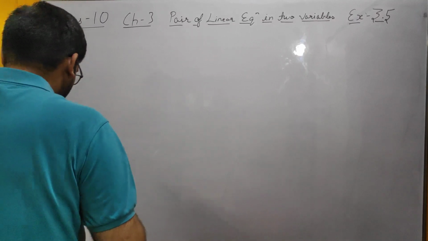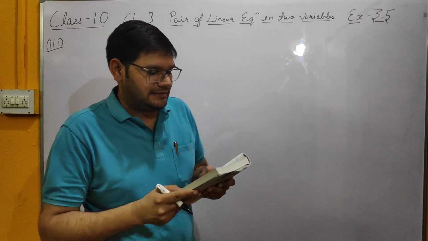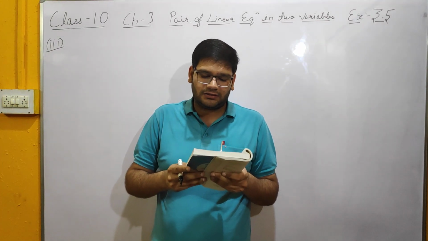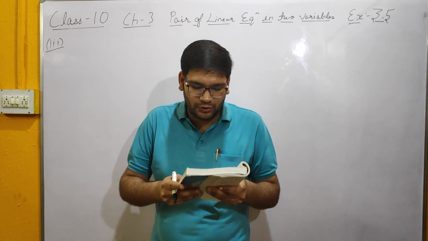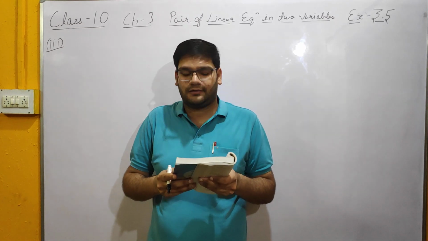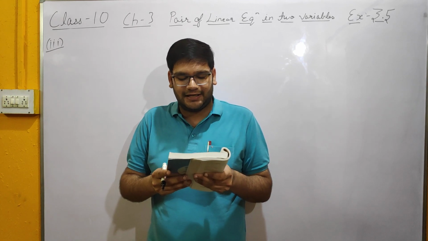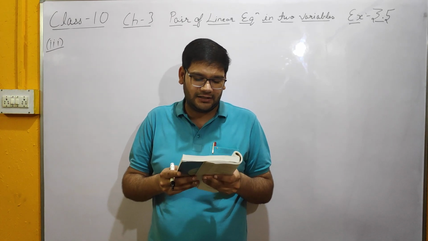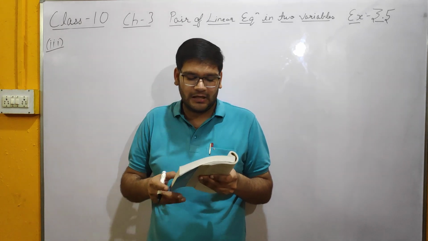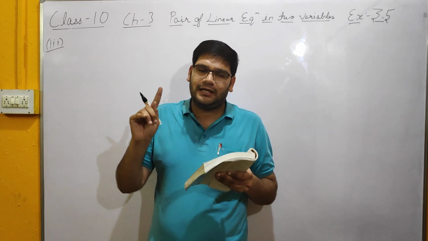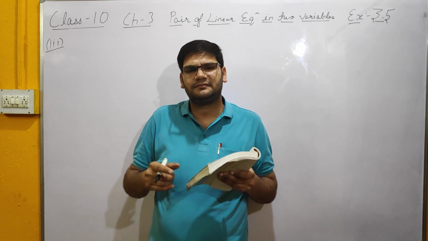So third part now. Yash scored 40 marks in a test, getting 3 marks for each right answer and losing 1 mark for each wrong answer. Had 4 marks been awarded for each correct answer and 2 marks been deducted for each incorrect answer, Yash would have scored 50 marks. Clear?